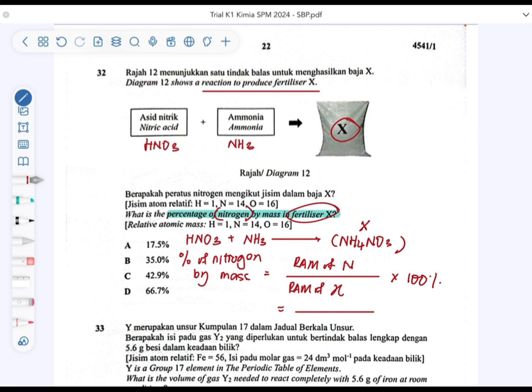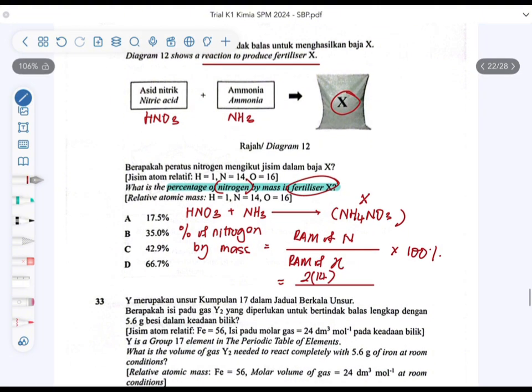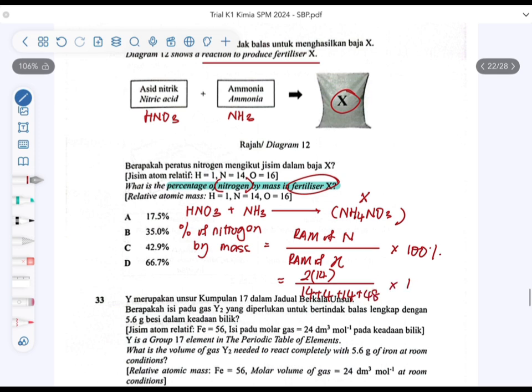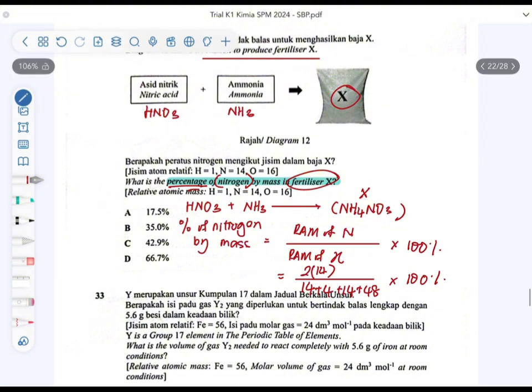So for the fertilizer X, which is ammonium nitrate, we have 2 N, so the upper part will be 2 times 14, and the lower part 14 plus 4 plus 14 plus 16 times 3 equals 48. And then we need to times 100% because it is the percentage by mass.